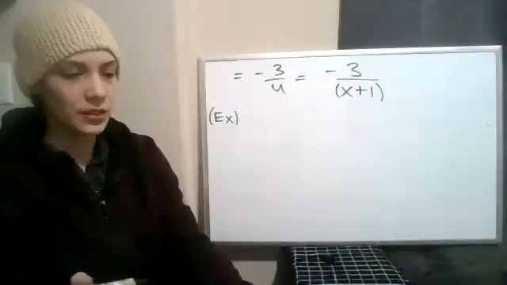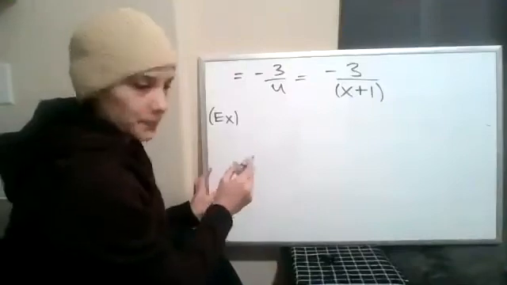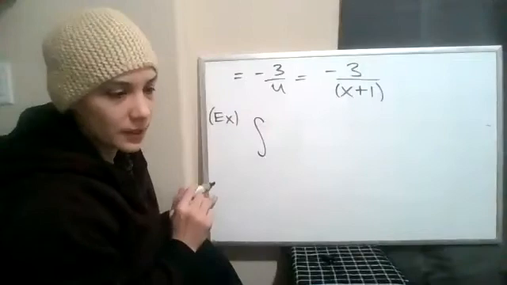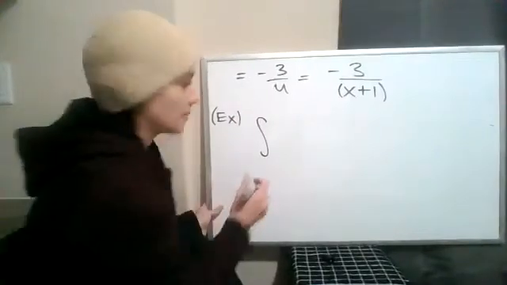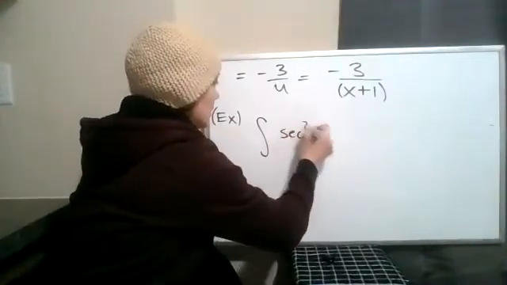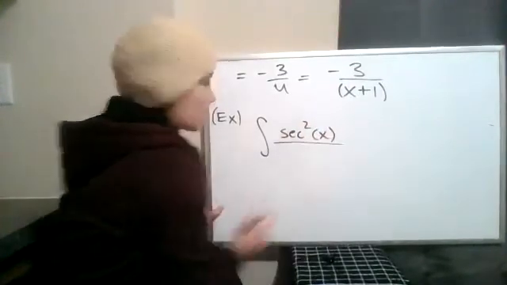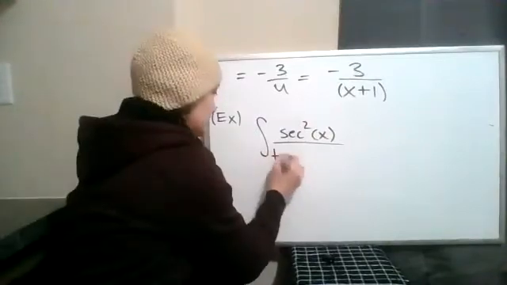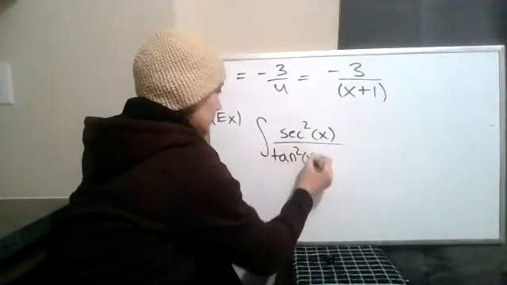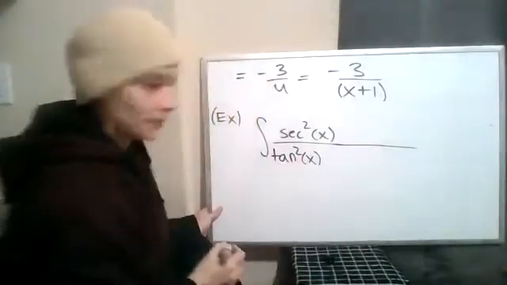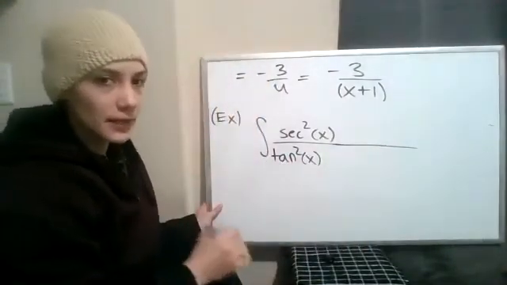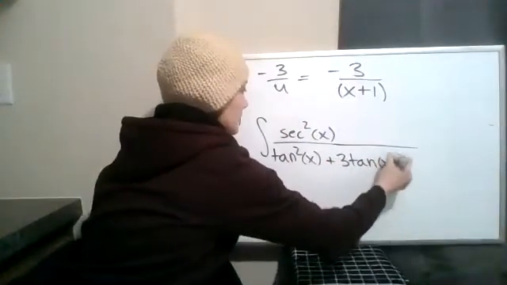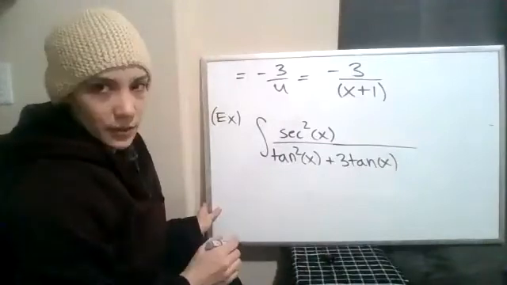So we're going to just try to make it all work out. Integral of secant squared of x, over tangent squared of x plus 3 tangent of x plus 2.